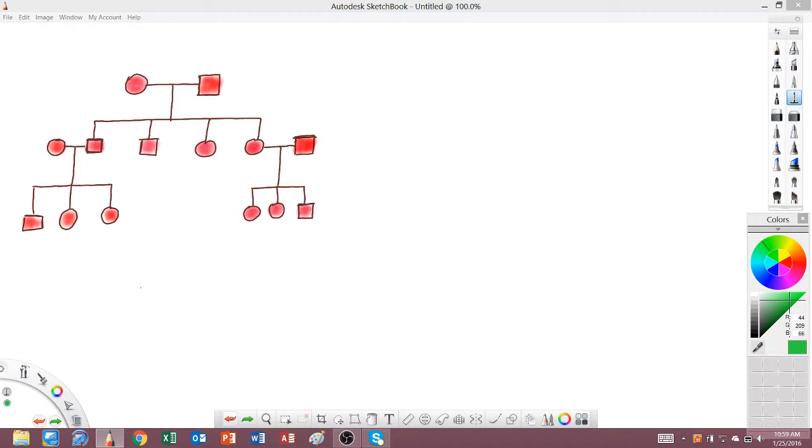Okay. Now what do you think? It is recessive. Dominant or recessive, so it's recessive. X-linked or autosomal, what do you think? Why autosomal? Nobody had it until... only a female has it.